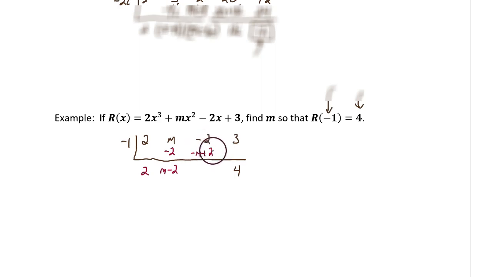The negative 2 and positive 2 cancel away, so you're left with negative m. Then multiply negative m times the negative 1, and that makes positive m. And then what do you do with these two numbers? You add them, and apparently it turns out to be 4. So 3 plus m, I guess, is 4. So what's m? And we discover that m equals 1.